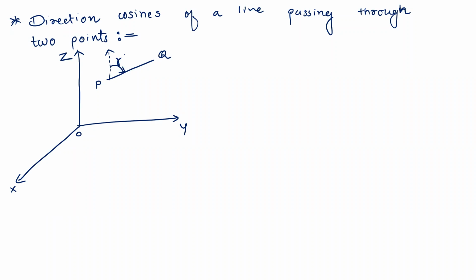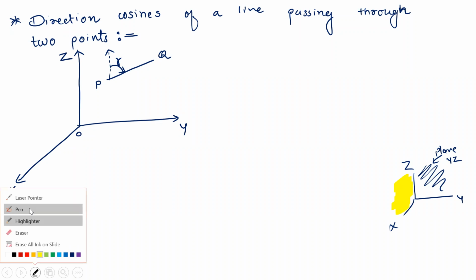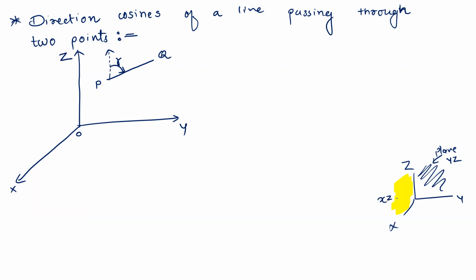Right? If this is so, let me make the xy plane. What is the xy plane? Let me tell you. If this is x, y, and z, this plane is called the yz plane. Then this plane is called the xz plane. And the down part, this plane is called xy.